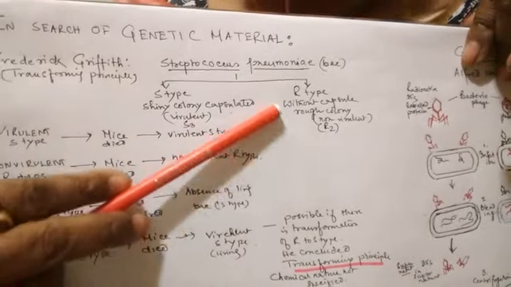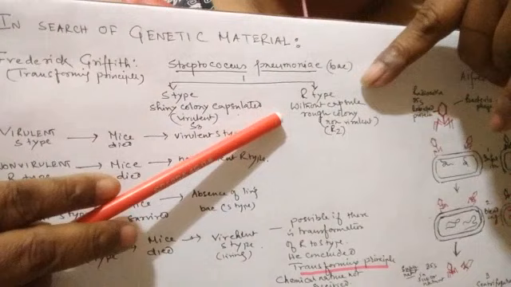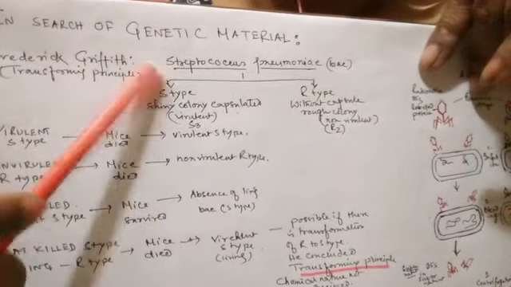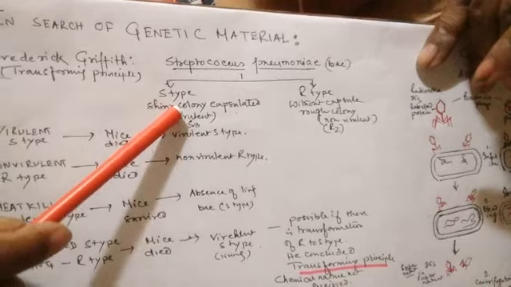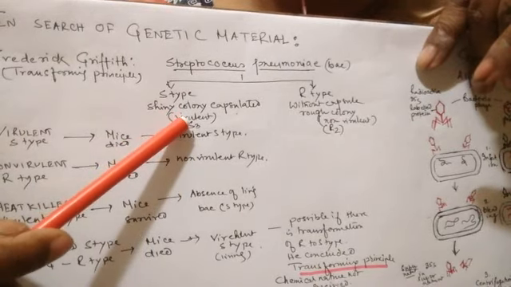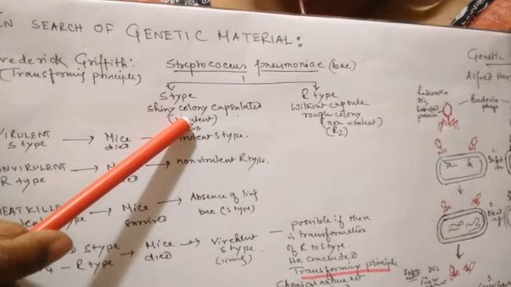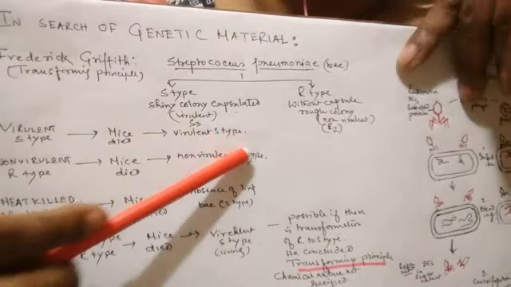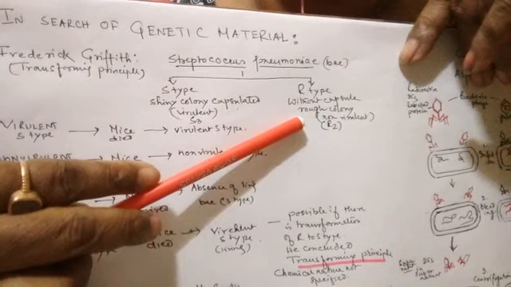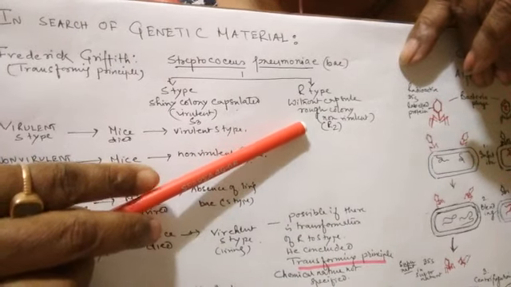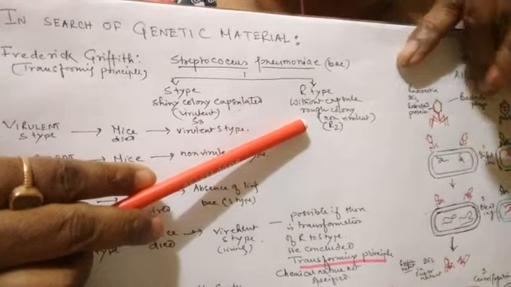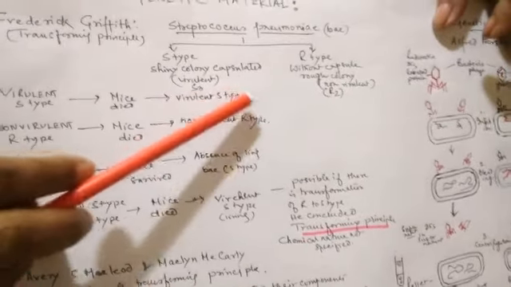But the R type, the other type, produces a rough colony since the capsule is absent. The S type are virulent, that means pathogenic, that means they can cause disease. But the R type is not virulent; without a capsule, they cannot cause pneumonia.